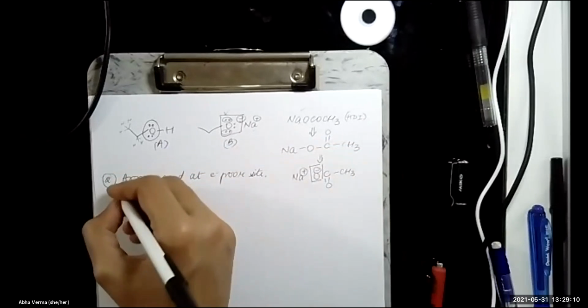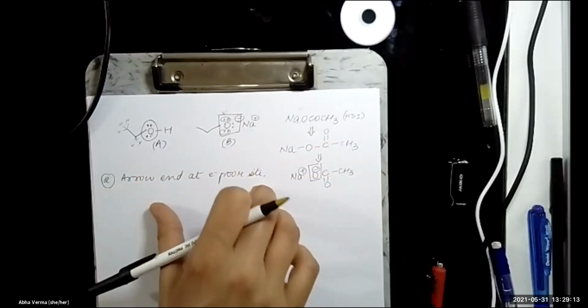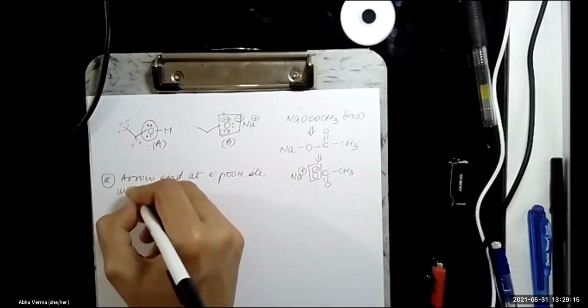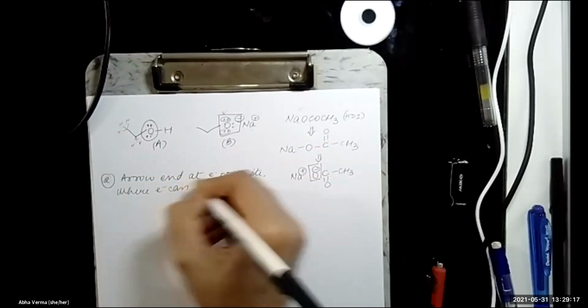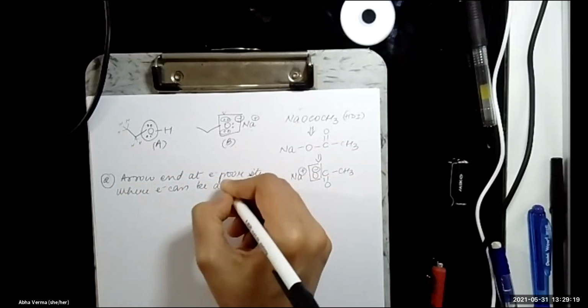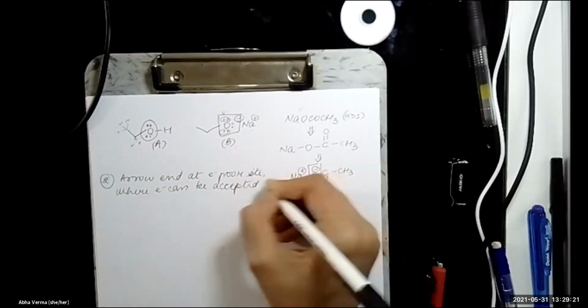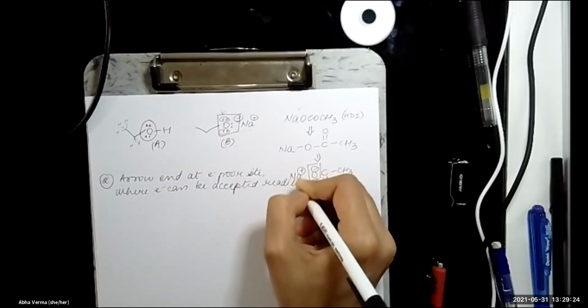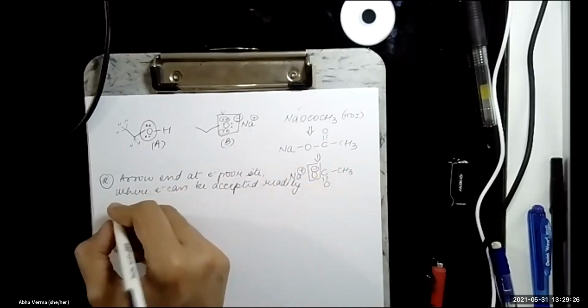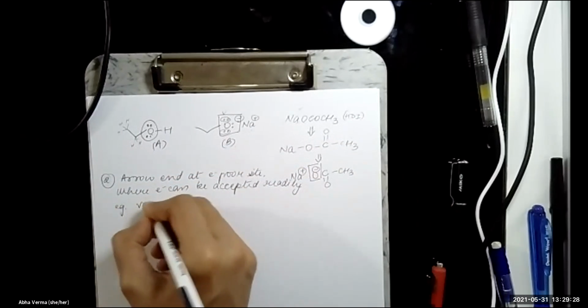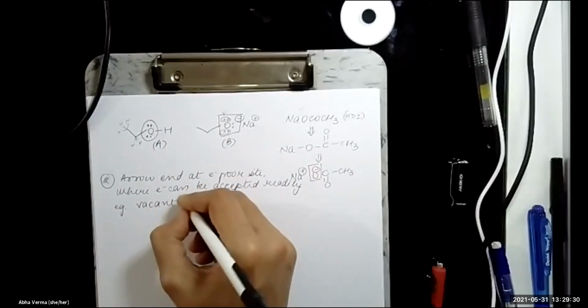What is the electron poor site? Electron poor site is a place where electrons can be accepted readily. Examples: vacant orbitals.